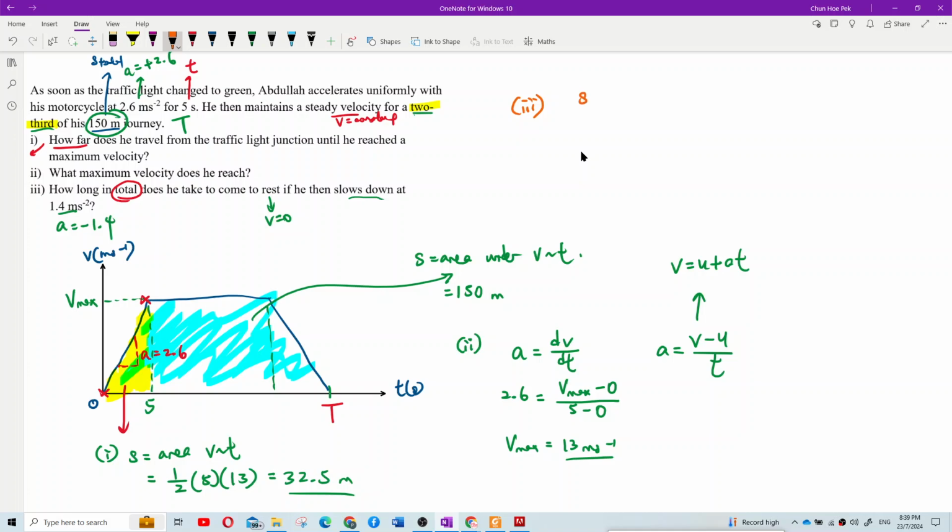Okay, so the total displacement, which is the area under the graph, is 150 meters.